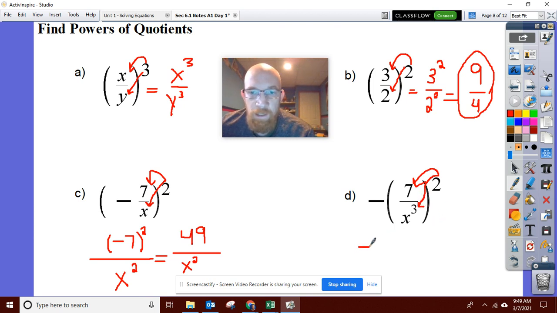The negative stays, and we do 7 to the second power over x to the, what am I going to do now? I have a 3 there, and now I'm having a 2 being distributed to it. Well, distributed means multiply, right? So 3 times 2 gives us 6. So that's how many x's we would have. All right.